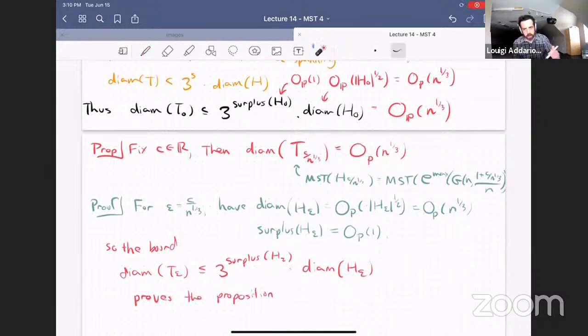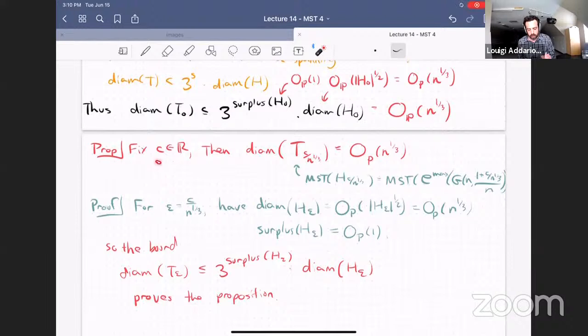Okay, so the quality of this bound, I'm hiding, there's a dependence on C in this bound. It's not the case that for any C, the size of this component is uniformly of order n to the 2/3.